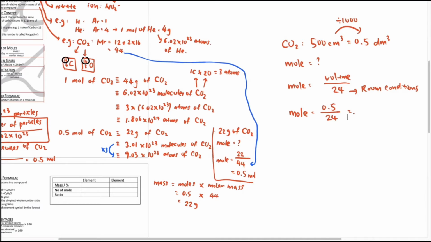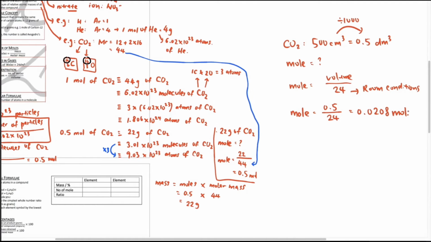Then I press the calculator: 0.5 divided by 24. So I get 0.0208 mole. So this is the number of mole for a gas. You take the volume, divide by 24, then you get the number of mole.